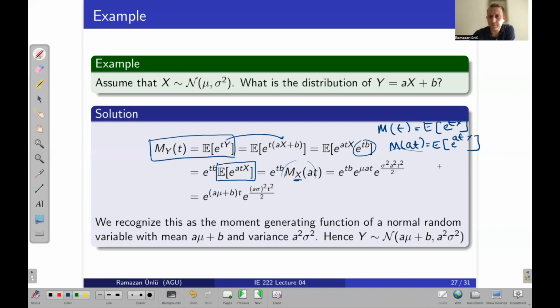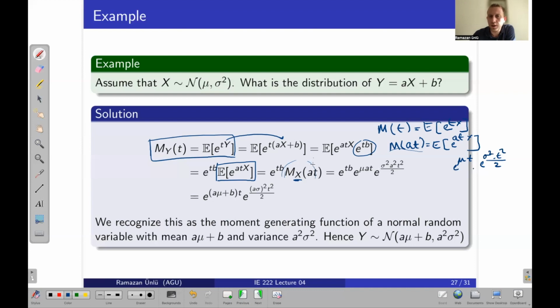And remember that the moment generating function of the normal distribution is, if I'm not wrong, e to the mu t times e to the sigma square t square divided by 2. So instead of t, I will just write at.